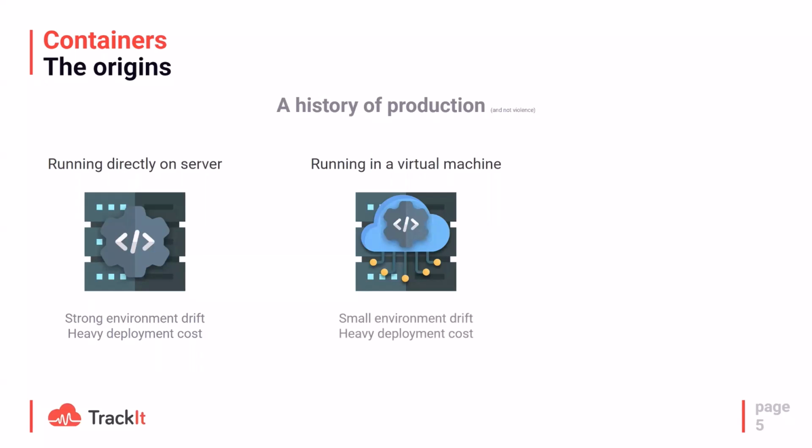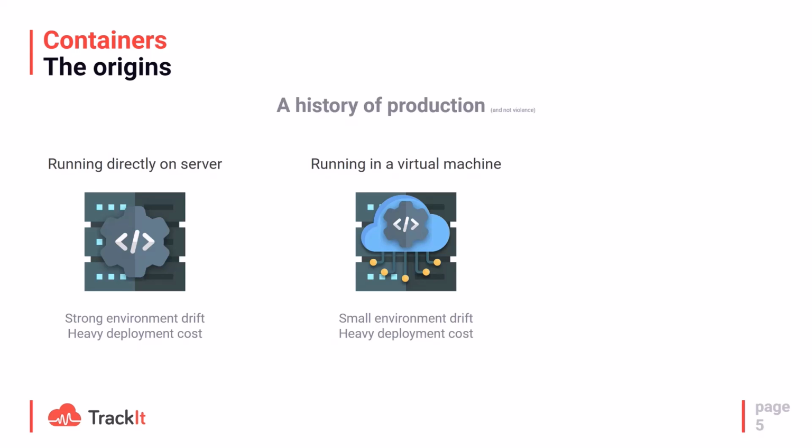This solves some issues because the environment drift is way smaller, as you can install and control everything inside your virtual machine image. You set up your virtual machine with every dependency you need, snapshot it, and create an image based on it. This will be fixed, and it will always work, because it worked one time, it will work always.